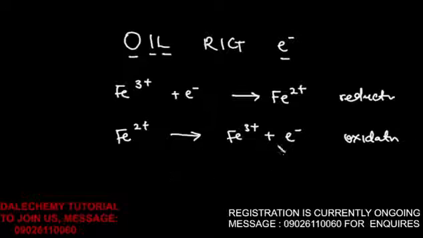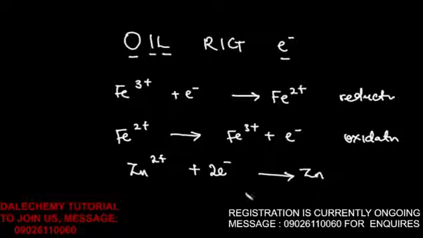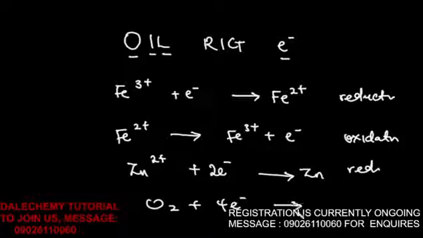We also have reactions like Zn2+ plus 2e- to give Zn. This kind of reaction will be a reduction reaction because it involves the gain of electrons. And also O2 plus 4e- to give 2O2- is also a reduction reaction because it involves the gaining of electron.